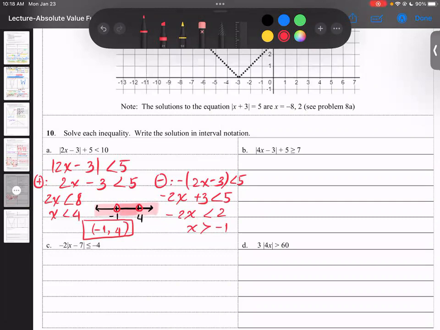Yes, you split the equation. Positive, same version, same thing. We were taught to put the negative there.